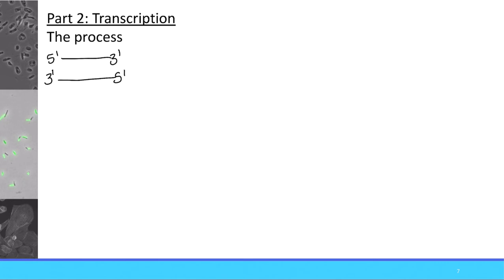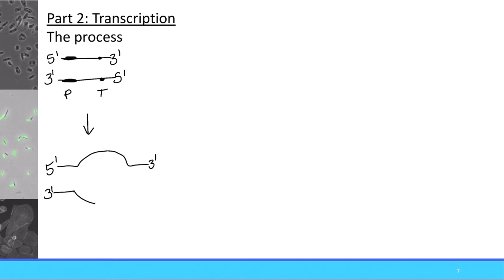For our DNA, I'm going to label it here as P for promoter, and then somewhere at the end, we're going to have our terminator sequence. The first thing that is going to happen is RNA polymerase is going to find the promoter.